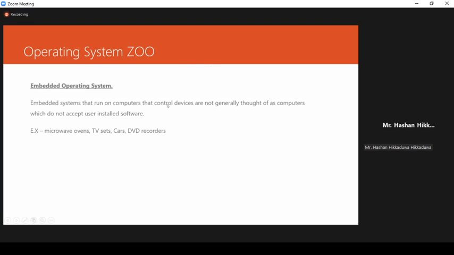But if you take a normal computer, you can install software and decide several functions, what to do. Embedded operating systems are different. So, likewise, embedded operating systems are there.